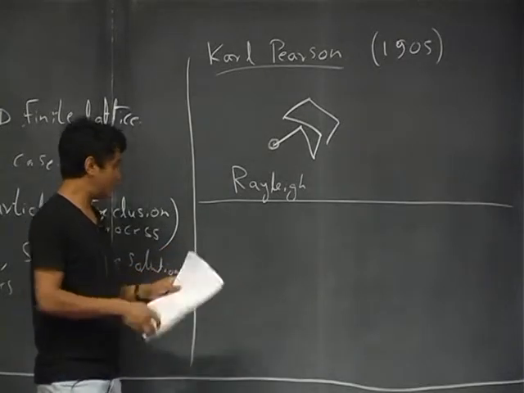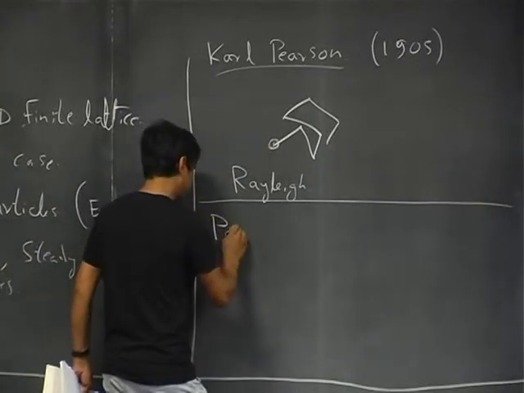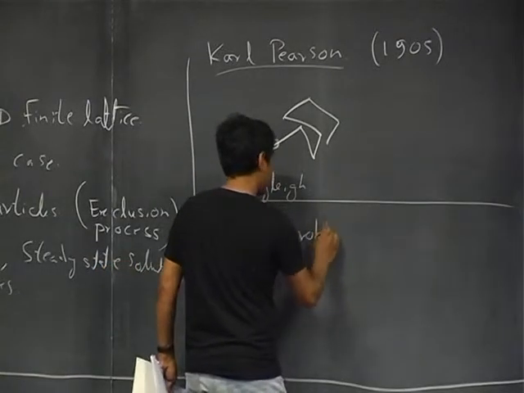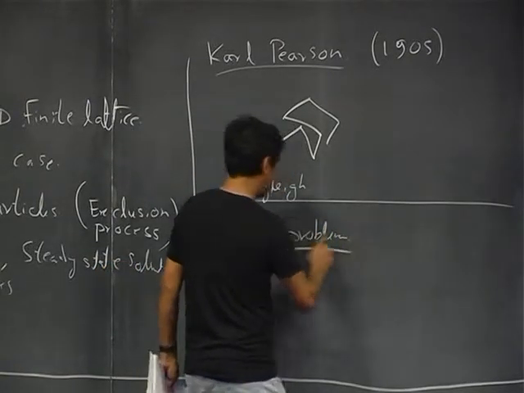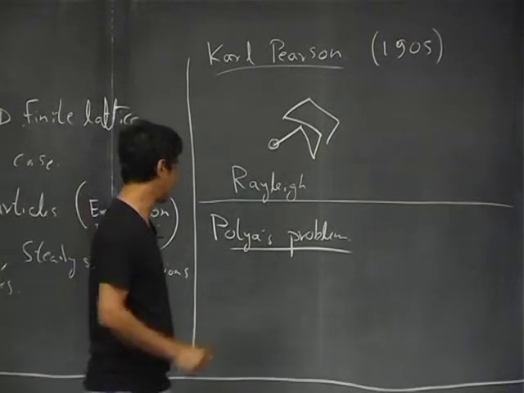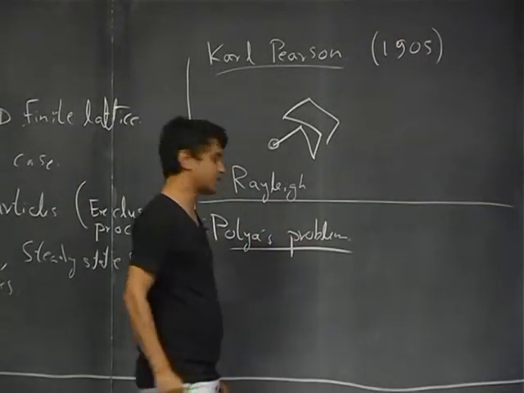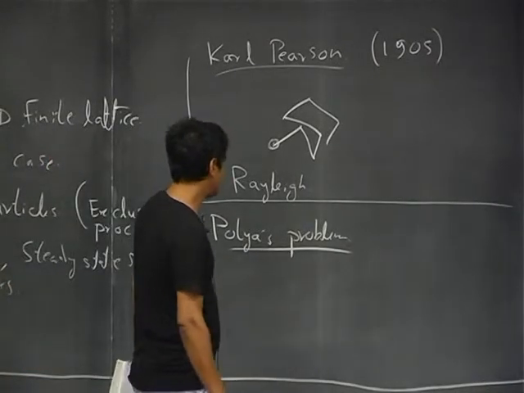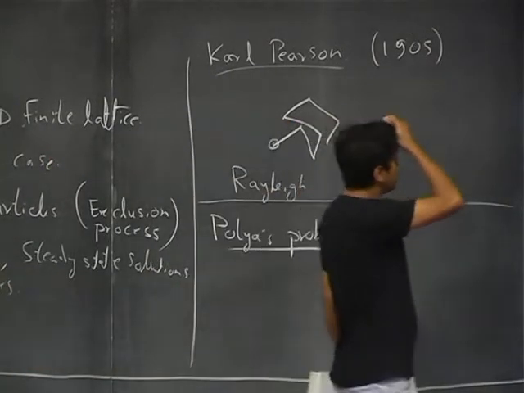Okay, so now what is Polya's problem? I think Sanjib discussed this yesterday in a particular setting, and I'll discuss it in a different way. You can think of the following problem.